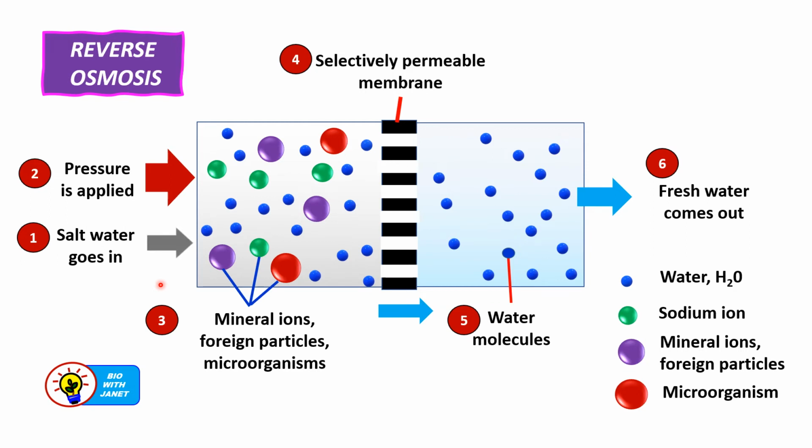Then pressure is applied using a high pressure pump to increase the pressure on the salt water side of the membrane. And this will force particles across the semi-permeable membrane, but only those particles that are smaller than the pores in the selectively permeable membrane.